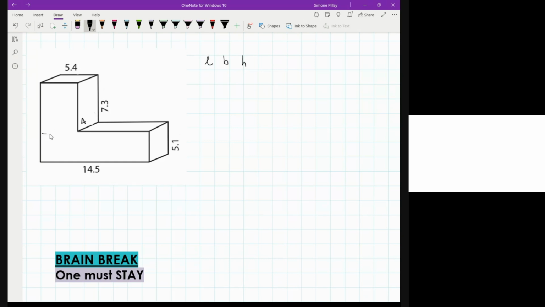So let's attempt to do it this way. Actually, I don't like that way. This way just feels cleaner. Okay. So let's attempt to do it this way. So this is number 1 and this is number 2. Let's say volume of number 1 is going to be length times breadth times height. If we look at this rectangular prism over here, do I have enough measurements to tell me what the length is, what my breadth is, and what my height is?